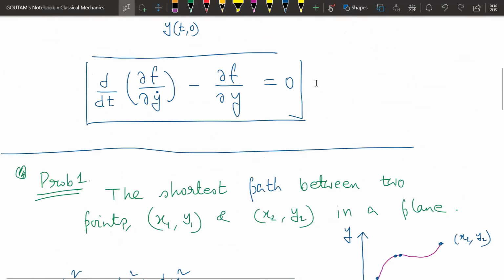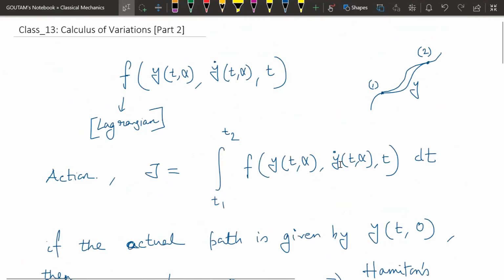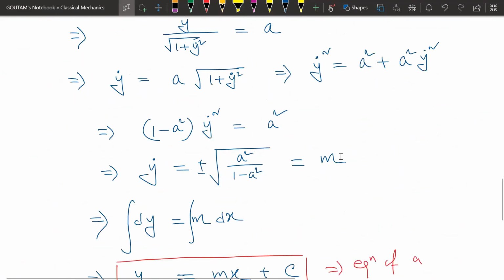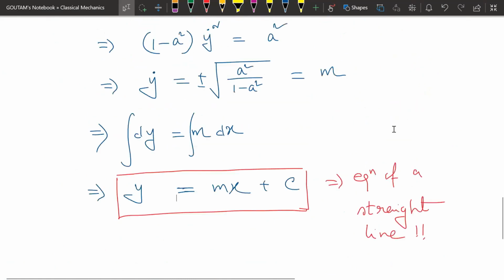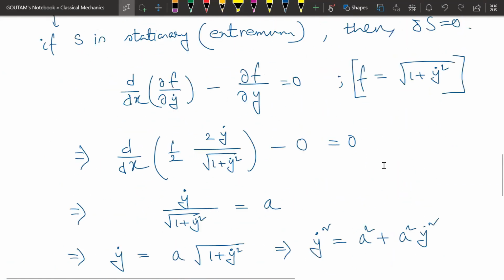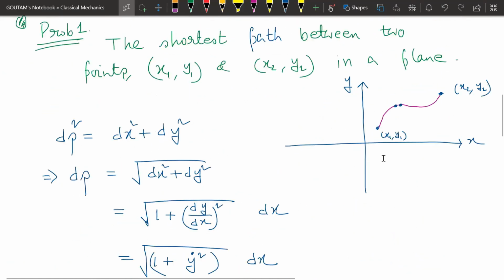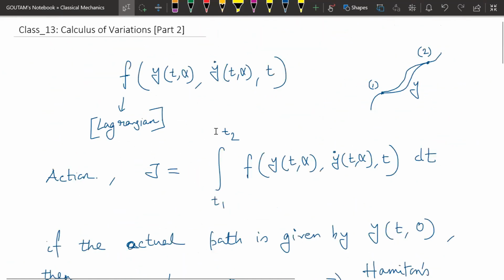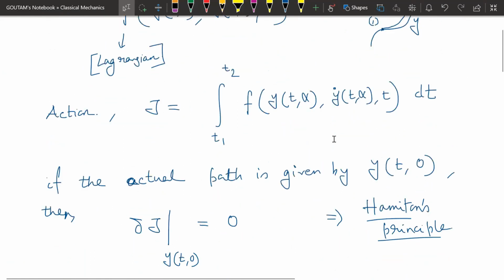So the variational principle is such a powerful principle. With this principle, in the next class we will derive that the Lagrangian equation can also be derived from this principle. And this variational principle has use beyond classical mechanics.